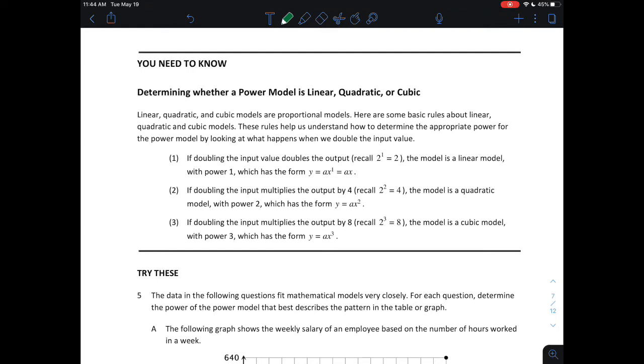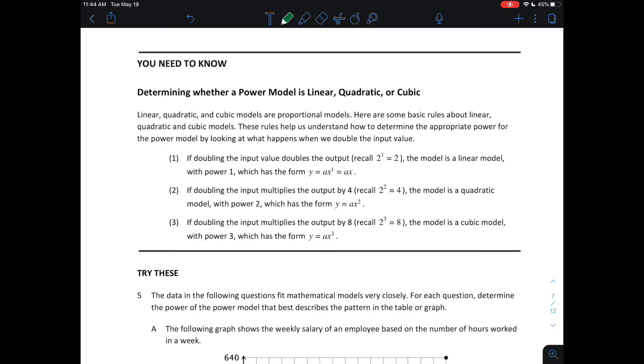So number 1, if doubling the input value, like x, doubles the output, recall 2 to the first is equal to 2, the model is a linear model with power 1, which has the form y equal to a times x to the first, or just simply y equal a times x. This is what we learned in section 11.1.3.